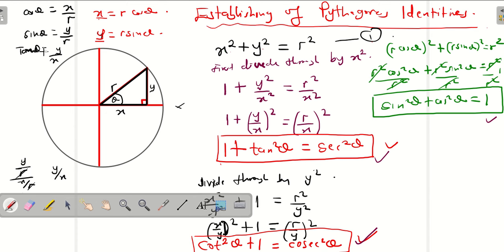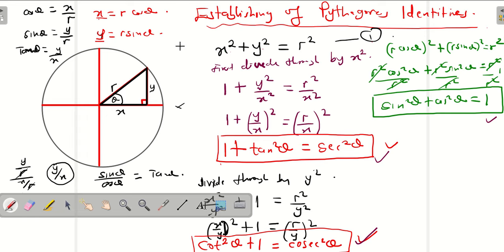We know that y over x is tan theta. What have I done? Y over r, which is sine theta, over x over r, which is cos theta. So basically, I have just divided sine theta over cos theta. And what did I get? I got y over x. And y over x is tan theta.